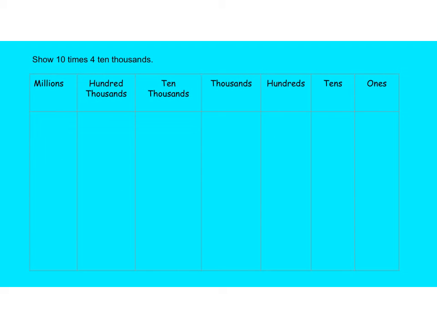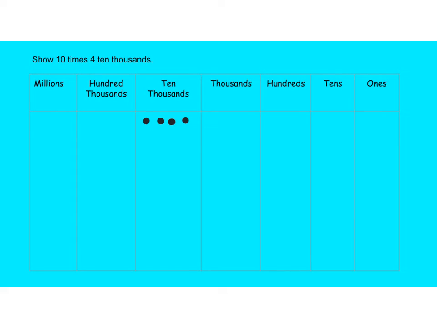Now in your math notebook, I want you to draw another place value chart, and show 10 times 4 ten thousands. You would start out by drawing 4 ten thousands on our place value chart.